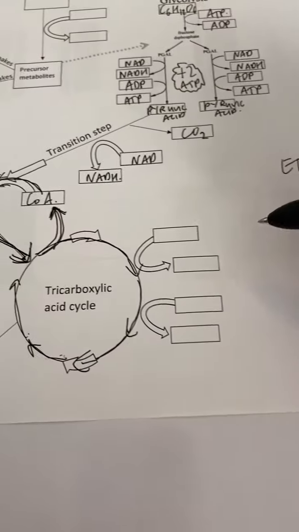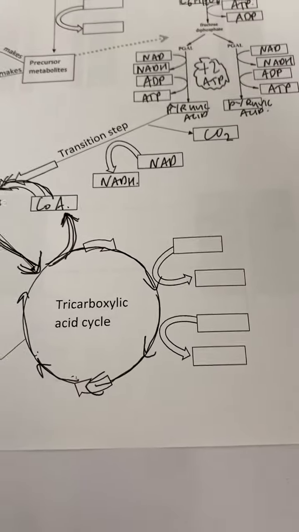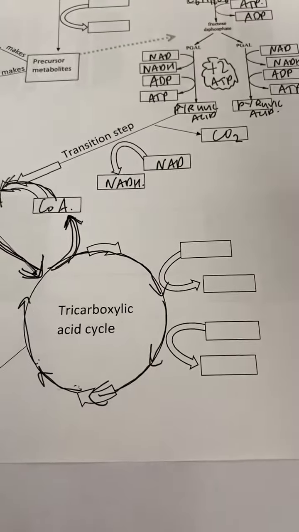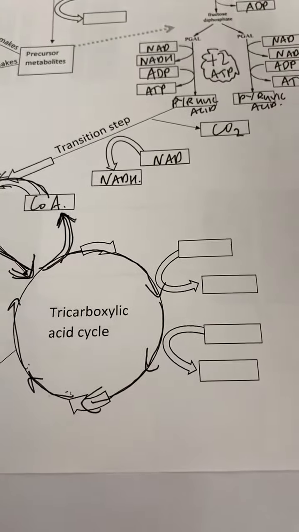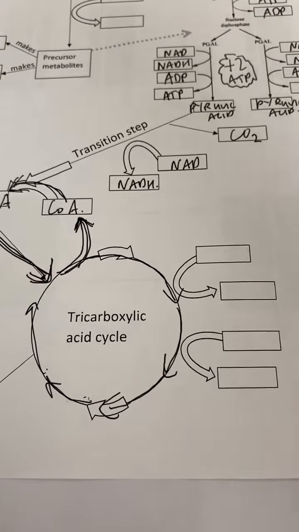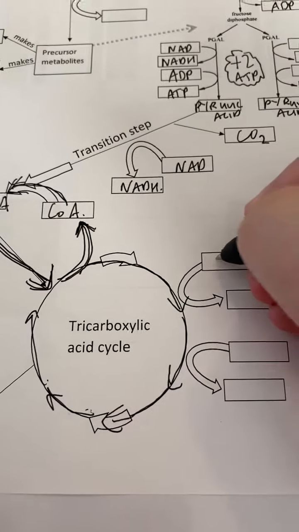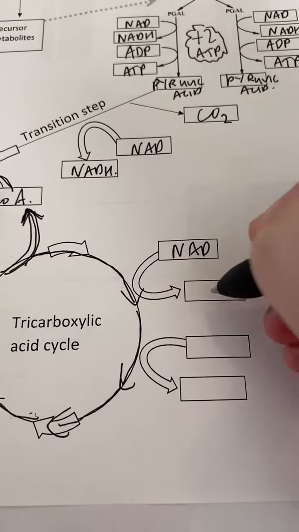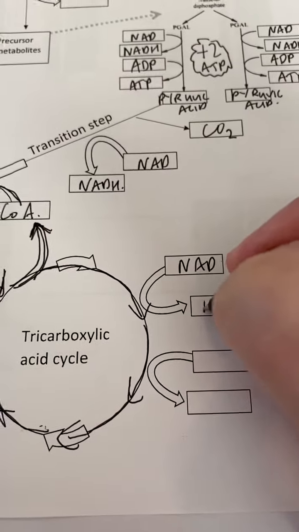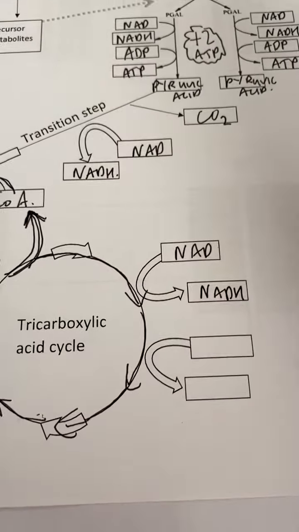Over here, we have places for more electron carriers to come in and strip more electrons and more hydrogens away from our molecules. NAD comes in, picks up electrons and hydrogen, and leaves as NADH.